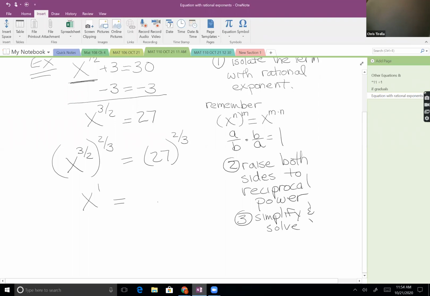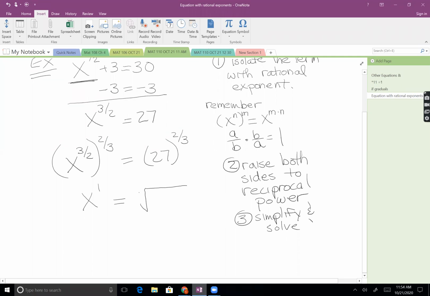And now here on the other side, when I take 27 to the 2/3, if you're real good with the parentheses keys on your calculator, you can get this result from your calculator. Otherwise, doing it by hand. Does everybody remember that if I have a fraction in the exponent, it means I'm taking a radical?